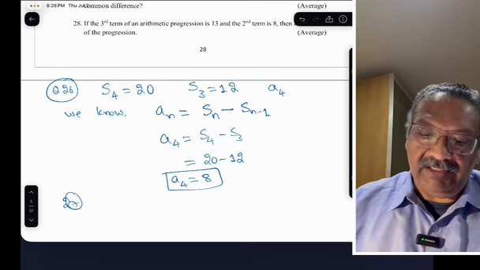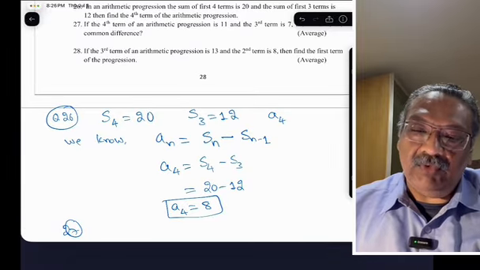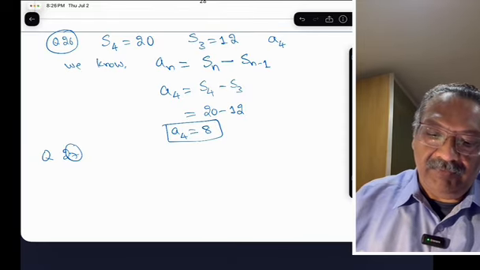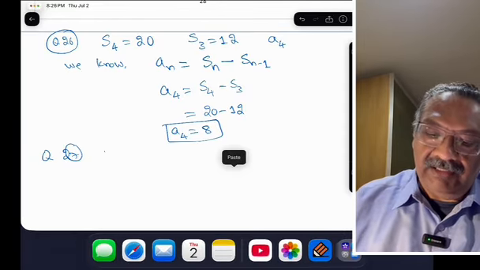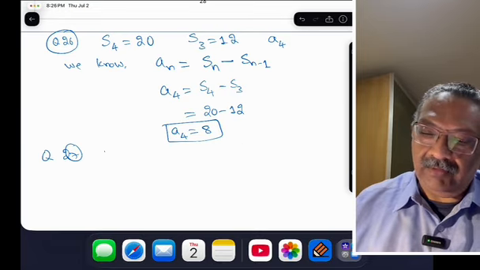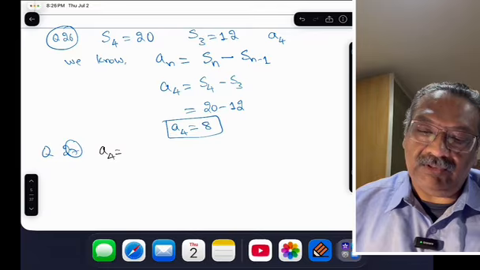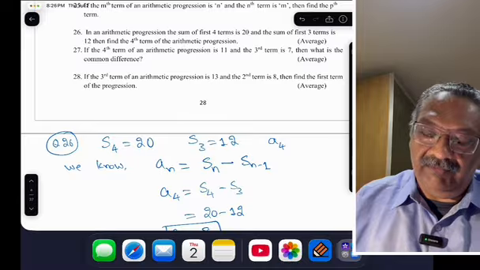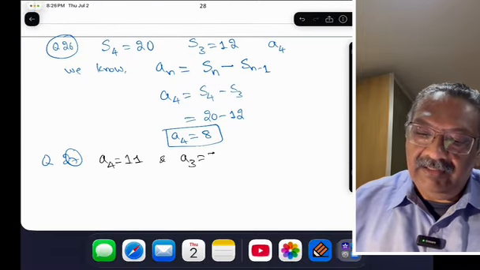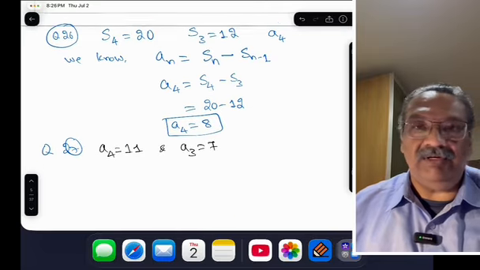Let us come to the 27th question now. What does it say? If the fourth term of an AP is 11, that is A4, and the third term is 7, then what is the common difference?